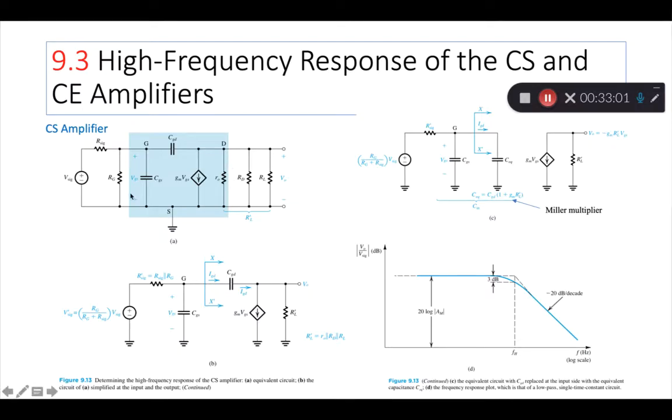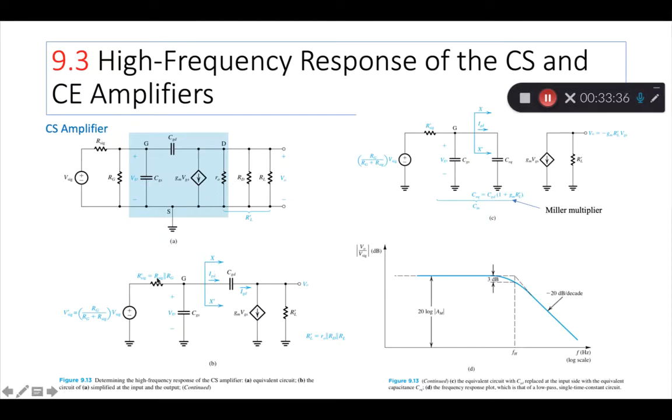So starting with this drawing, which is figure 9.13, you have the basic amplifier in A. In B, is the equivalent circuit of the amplifier, the small signal equivalent circuit with the capacitances. Now this is a simplified version, right, because he's showing us only 2 of the 4 capacitances, which is fine. Let's keep it simple.